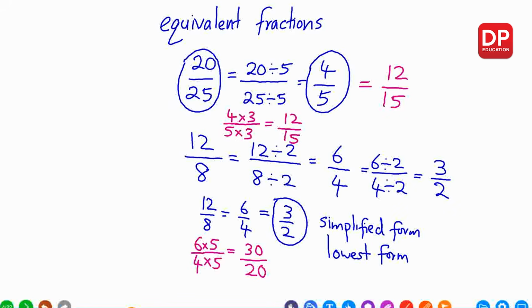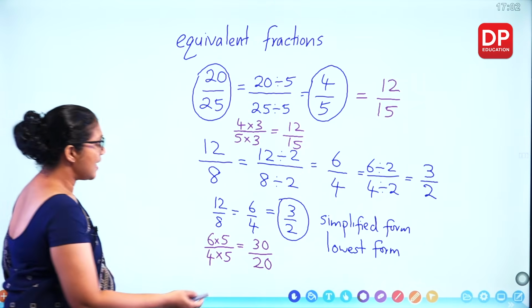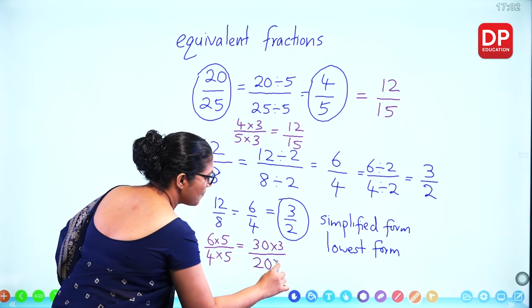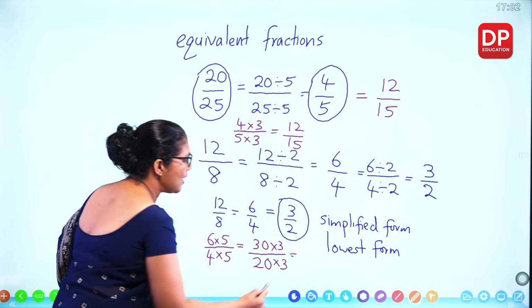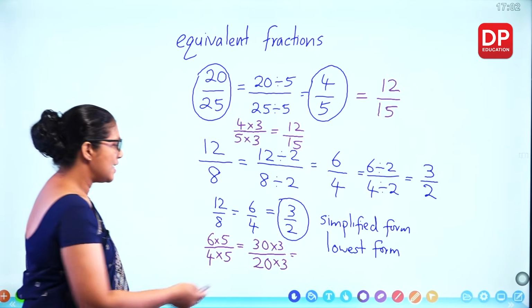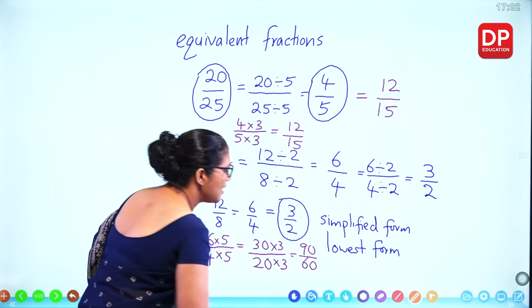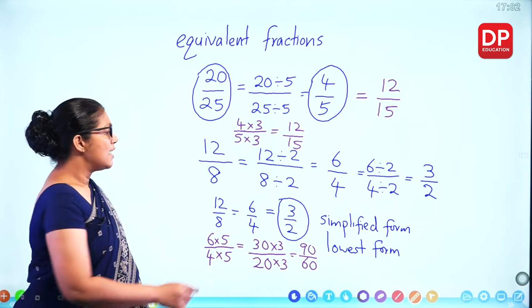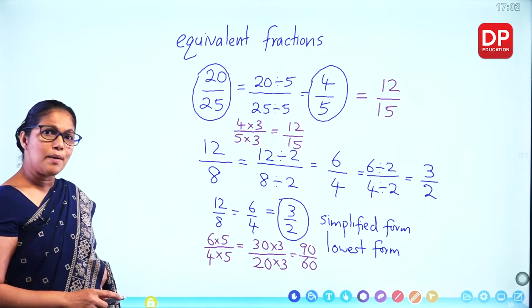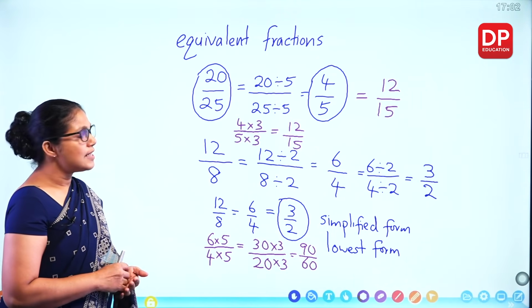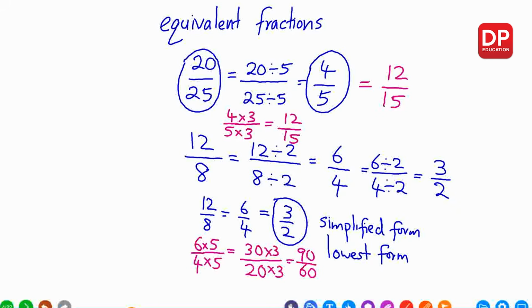So 30 over 20. Or I can again multiply it by 3. What's the other equivalent fraction when you multiply by 3? 30 times 3 is 90, and 20 times 3 is 60. So you can find any equivalent fraction by multiplying the numerator and the denominator, or dividing the numerator and the denominator.